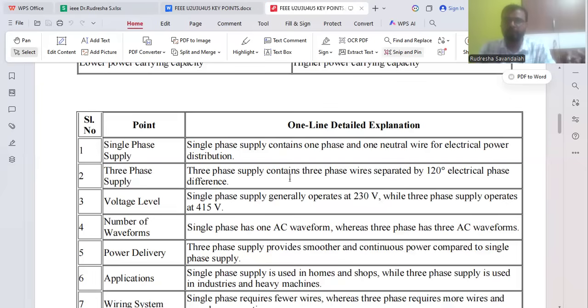Number of waveforms: single phase has one AC waveform, whereas three phase has three AC waveforms.